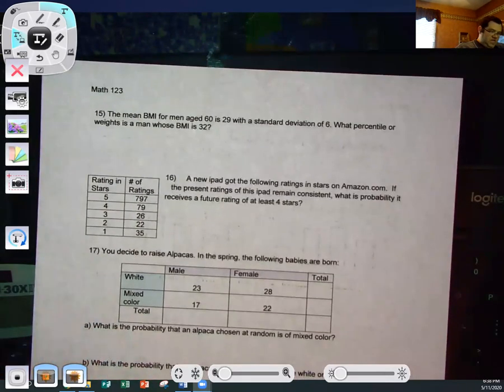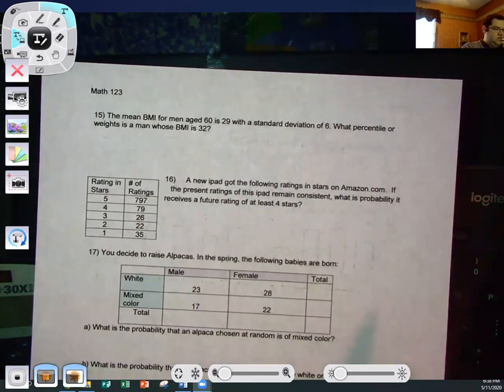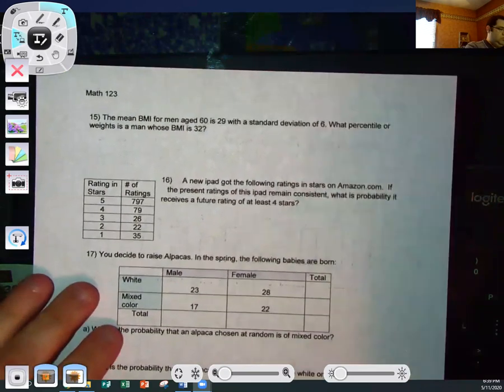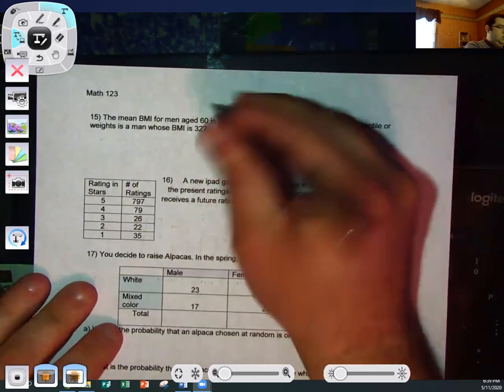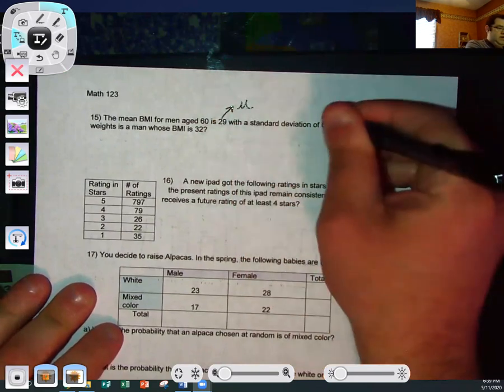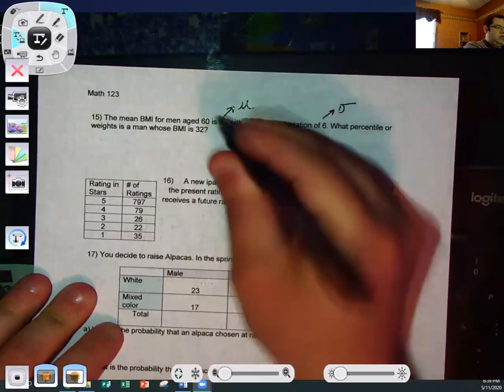So question 15, the mean BMI for men age 60 is 29 with a standard deviation of 6. What percentile of weight is a man whose BMI is 32? Okay. So the mean, this is our mu, standard deviation, this is our sigma, 32.